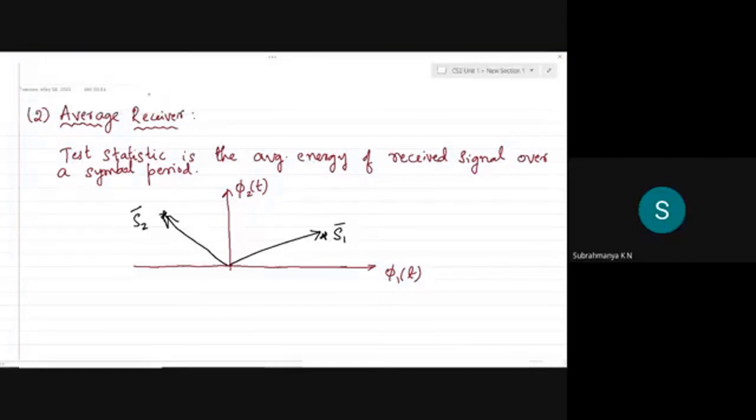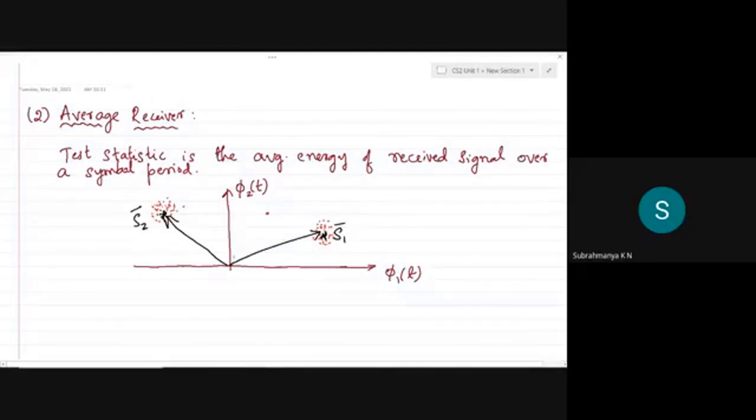When it gets corrupted by noise, the sample could lie somewhere around it, or even worse depending on the nature of the channel, but definitely not exactly at the vector represented at the transmitter end. I don't know which symbol was transmitted, so I simply take the average energy over a symbol period.